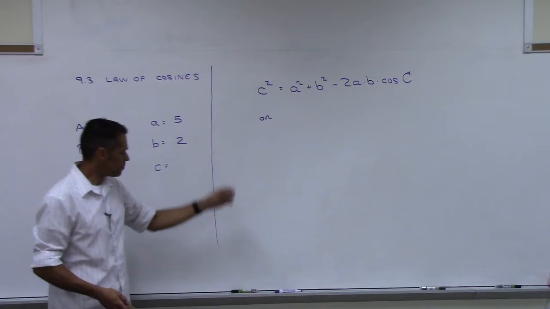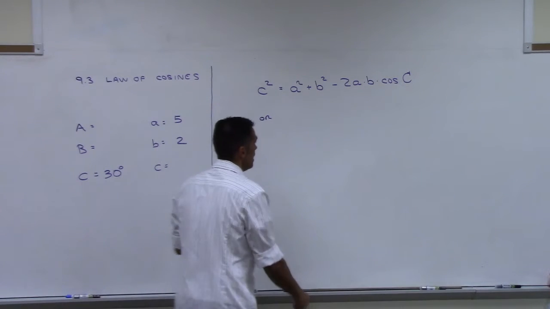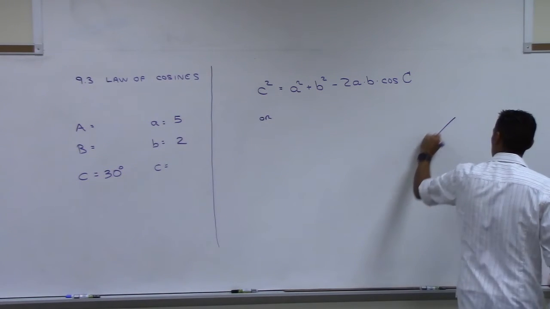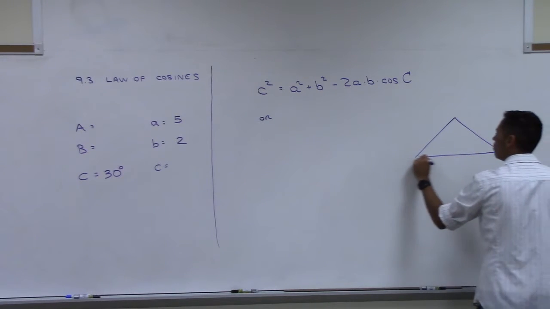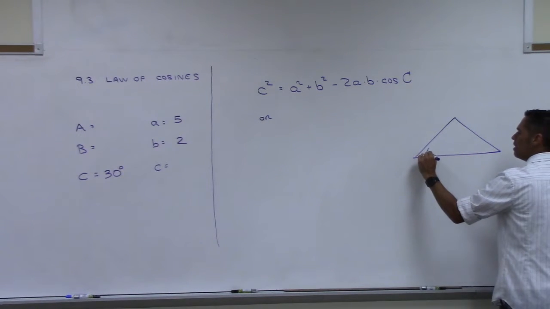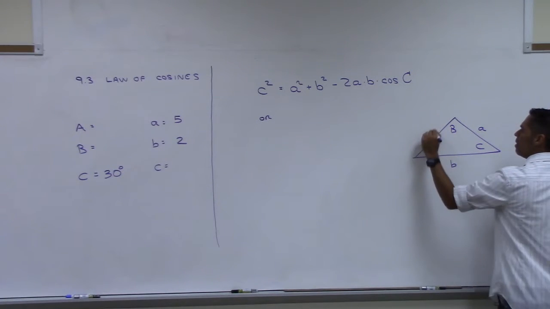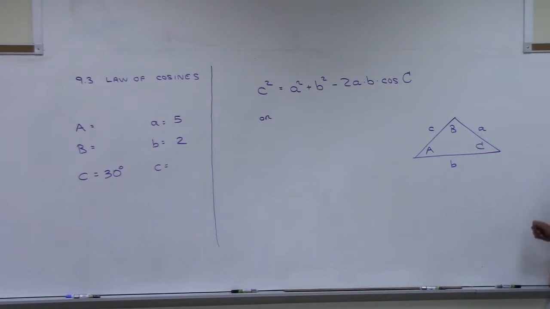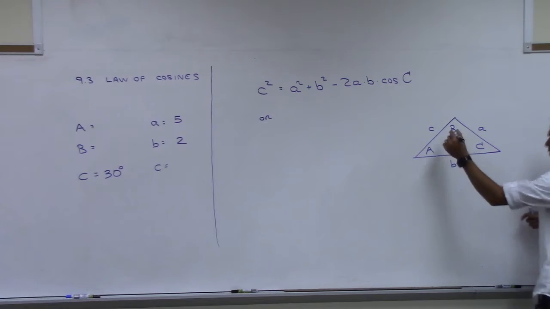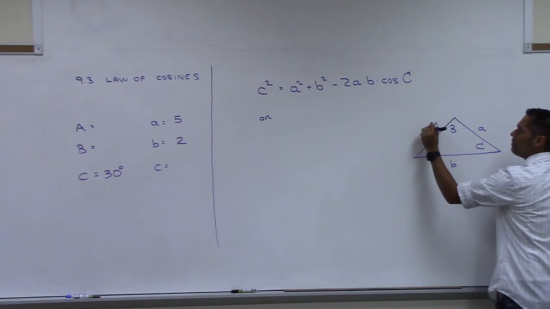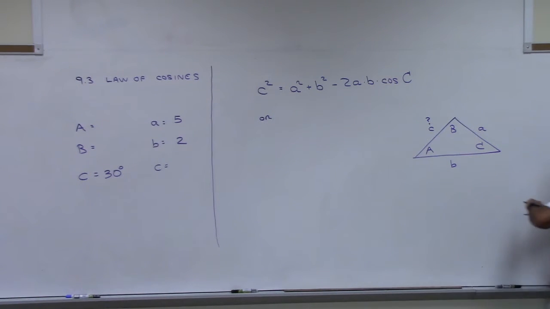Got it? So in terms of a triangle, if we go back to the original drawing, which parts would I need to know if I wanted to find little c?